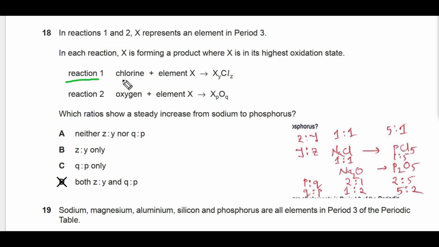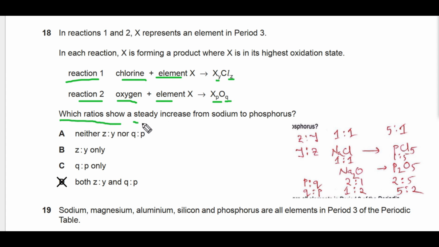So reaction 1, chlorine, element X. Y is the valency of chlorine and Z is the valency of X, so Z will be highest. And oxygen, element X, so Q is the valency of X and P is the valency of oxygen, so Q will be the highest.